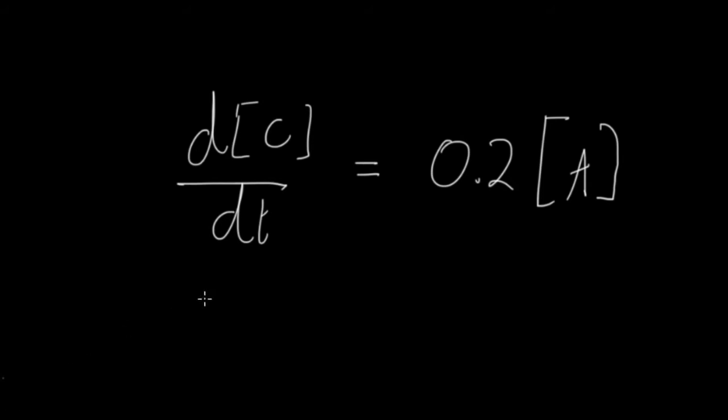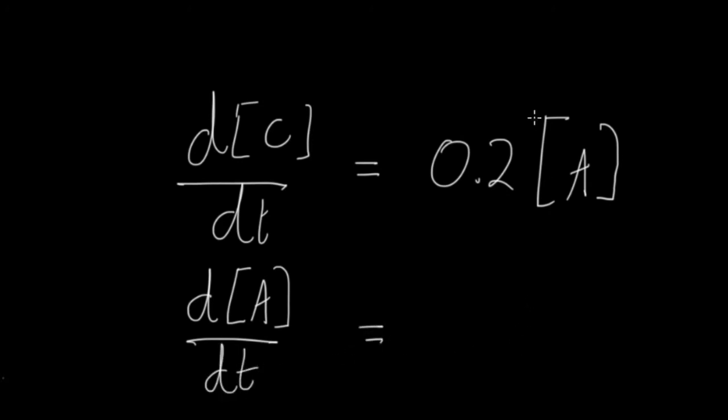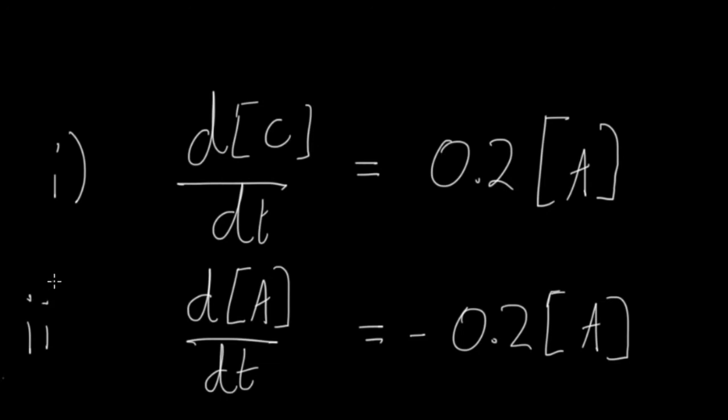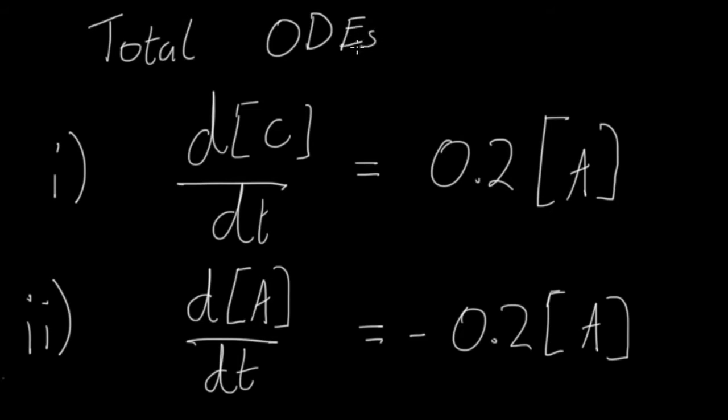We can also write the rate equation for A. In other words, how much of A is used up. Because A is being used up as time passes, it will simply be the negative of the C rate equation. So these are our two rate equations for our simple system, or our total ODEs, ordinary differential equations.